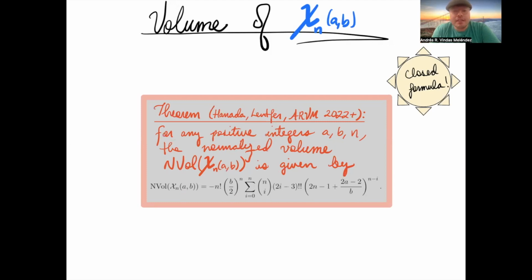And from this closed formula, remember, we obtain the classical parking function polytope when we take the X vector to be all 1s. So we can obtain a closed formula for the classical parking function polytope by setting A and B equal to 1. And so this is very, very nice for us.